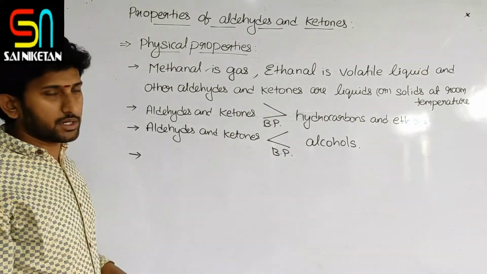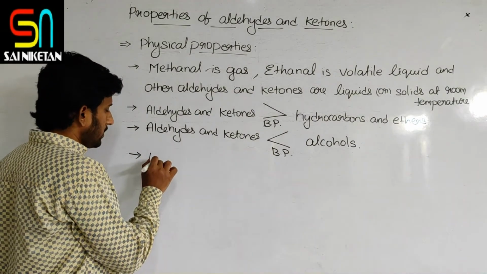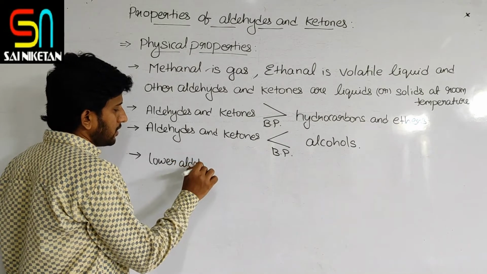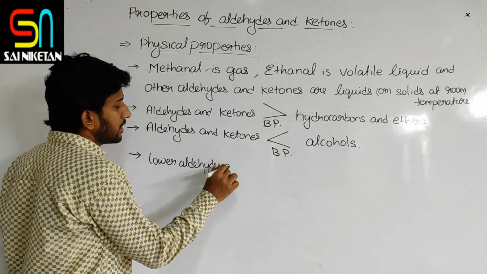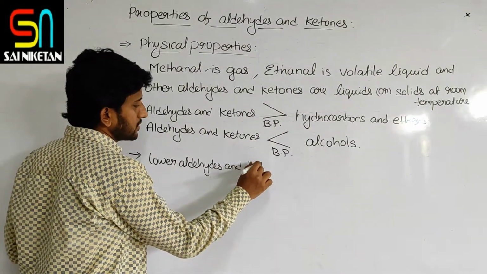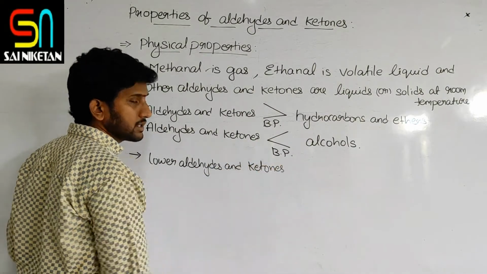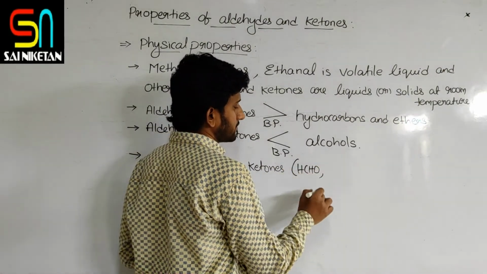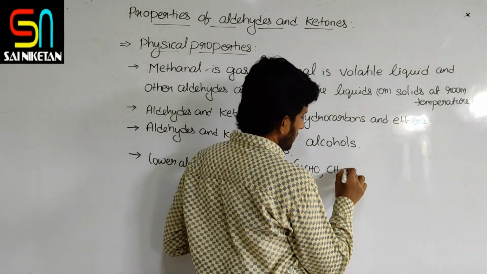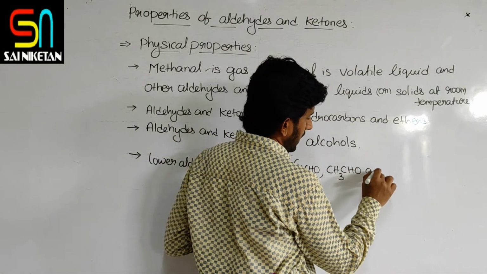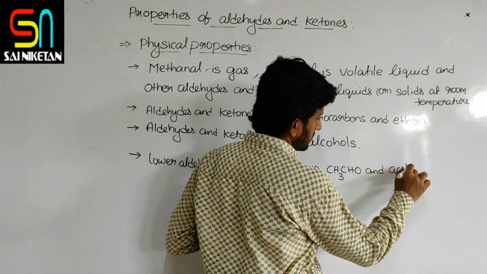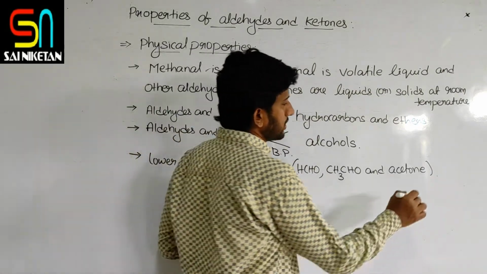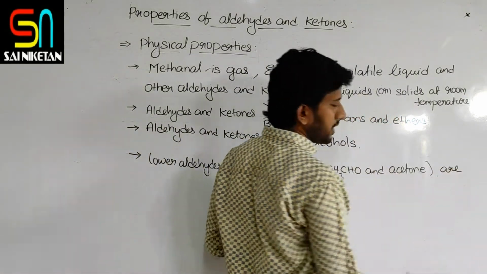Compare next solubilities. Lower aldehydes and ketones, lower aldehydes and ketones means here, for example, formaldehyde, ethanaldehyde and acetone, are more soluble in water.